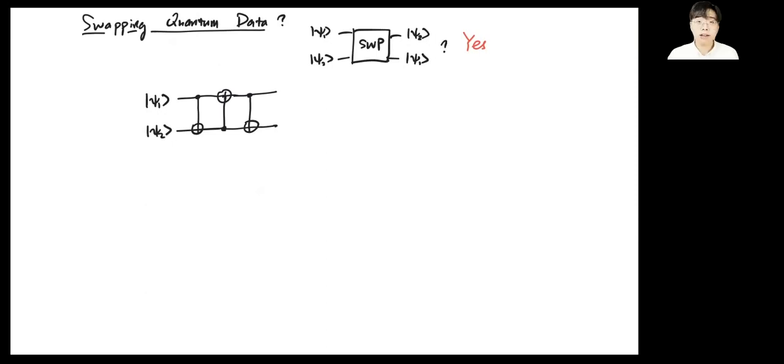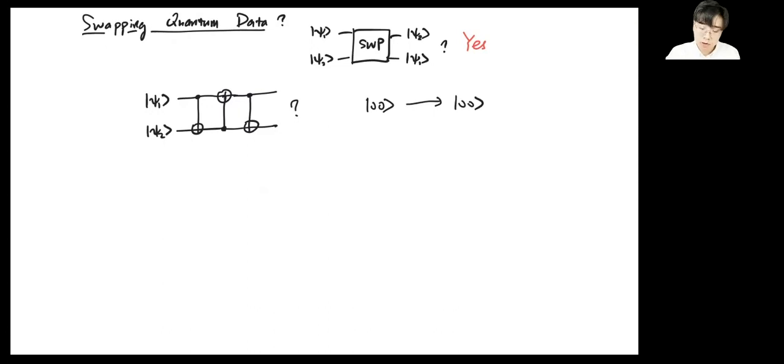Let's try to analyze what quantum state would come out on the other side. Let's start with something simple. Suppose psi 1 and psi 2 are in a joint state, for example, 00. After the 3 CNOTs, what would the quantum state be? Well, we can work out the transformation of the CNOTs one by one. It gives 00 back.